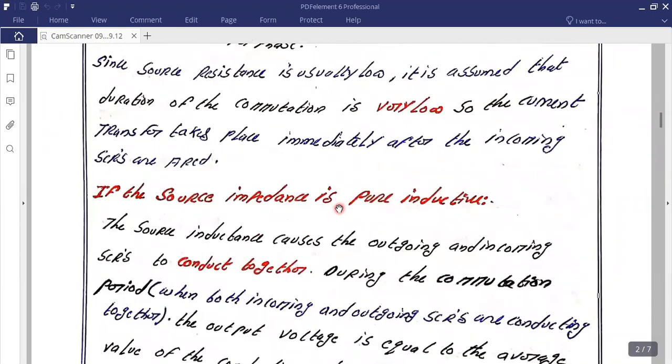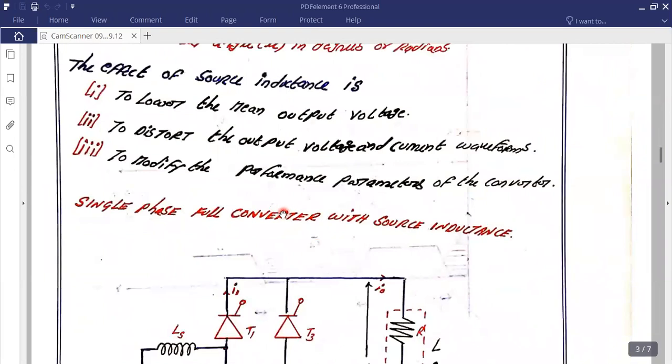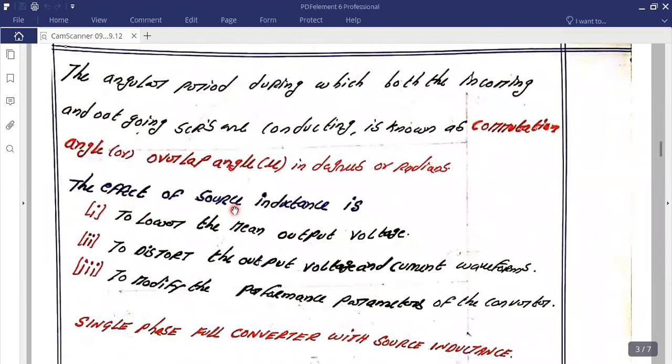Okay, so simply write the effect of source impedance, draw the circuit, copy this one, the effect of source inductance, and then copy that circuit and waveforms. These three are the major effects of the source inductance. One, output voltage is going to be reduced.